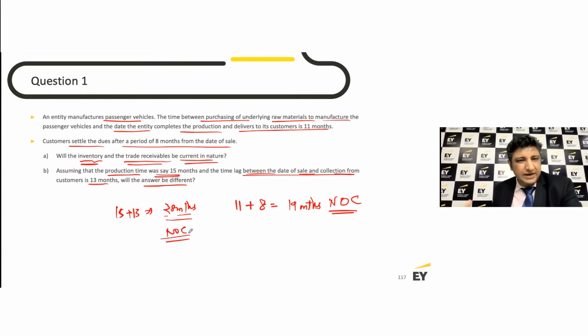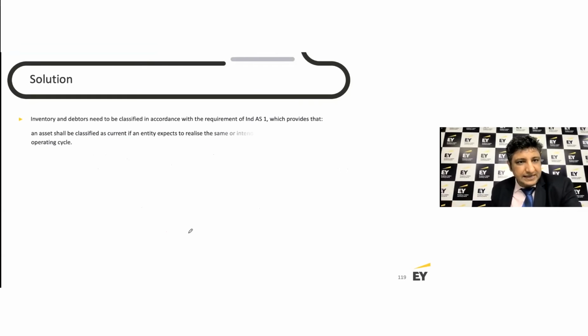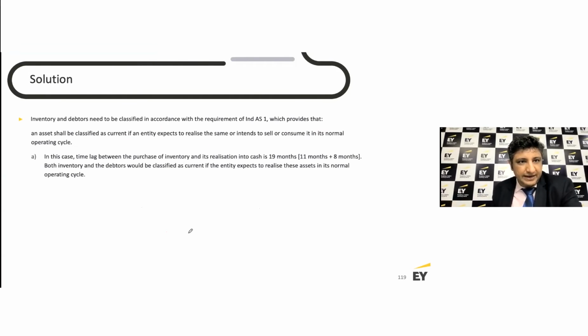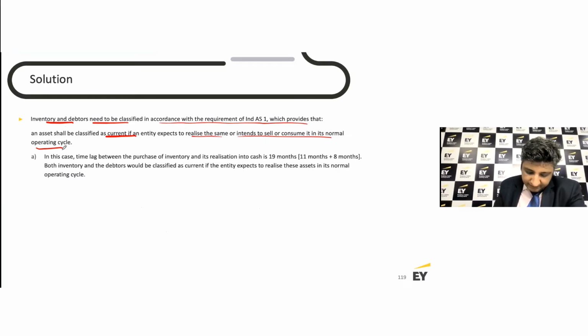And anyway, we look at the higher of 12 months or the normal operating cycle. That's the way we start looking at that particular question. As we said, the inventory and receivables need to be classified under Ind AS 1, and it would be current if it is recoverable within the normal operating cycle.